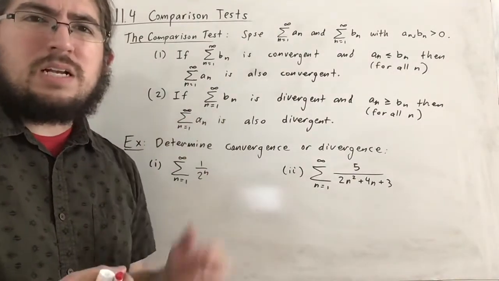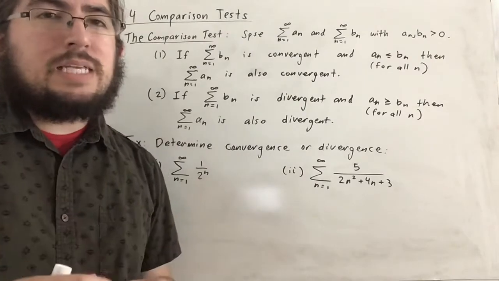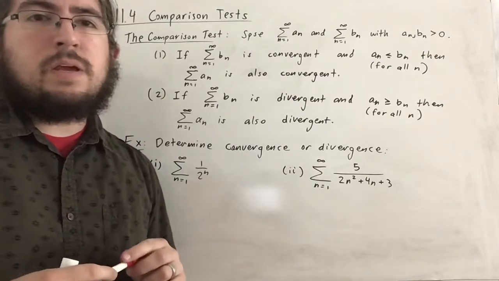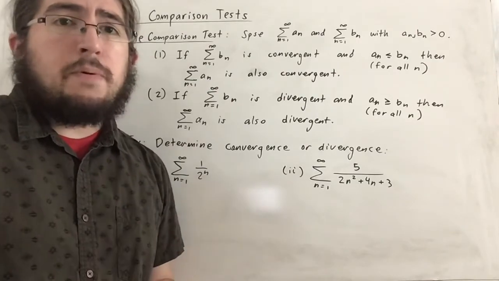I know it sounds like a bit of an overload of information, but really what it says is something that we've actually seen with comparison tests from chapter 7.8 when it came to improper integrals.